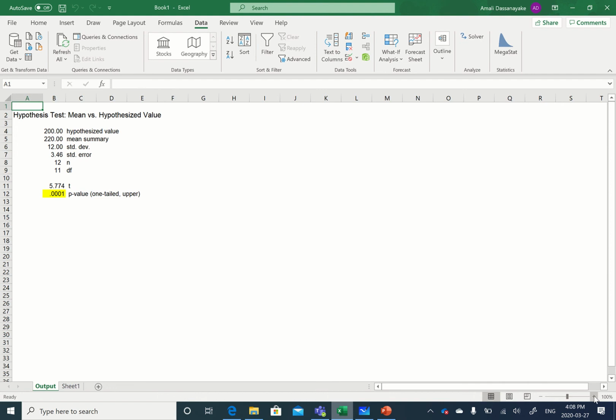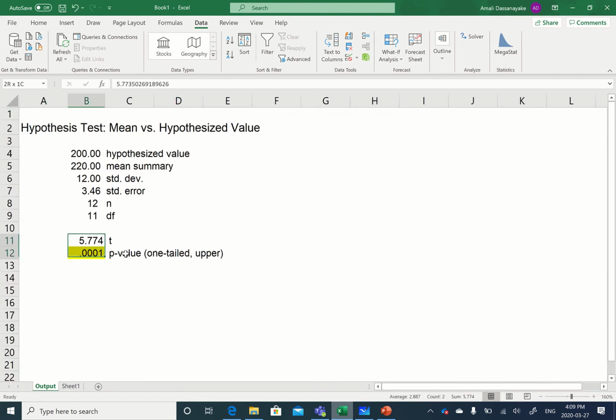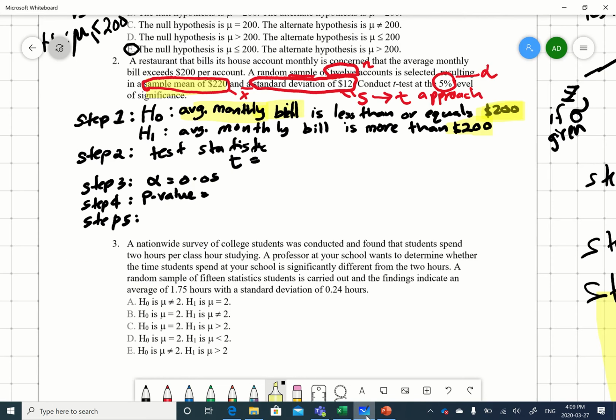Right, so once you click OK, it's going to generate the output for you and you are reading these two values. The first value is actually your test statistic. This is the test statistic, 5.774. And then this is the p-value, 0.0001.